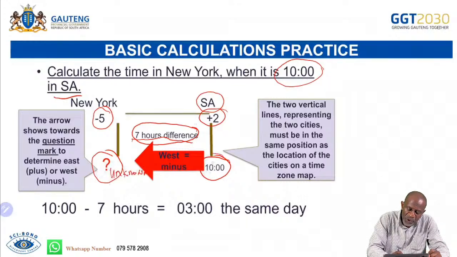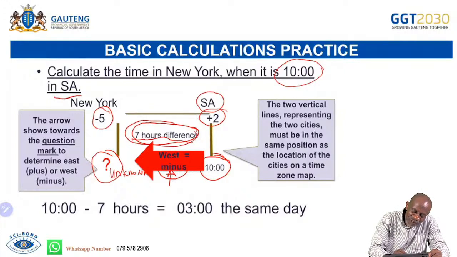South Africa. So, it means in our calculation, we are going to minus, because we are moving from east to west, or where we are given the time from the east and we want to determine the time of the city which is in the west, then we need to apply the minus sign or symbol. So it's 10 hours here, and when we minus the 7 hours of time difference, we will move to 3 hours.